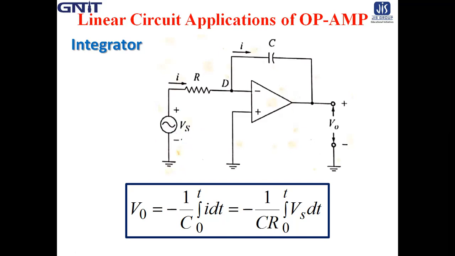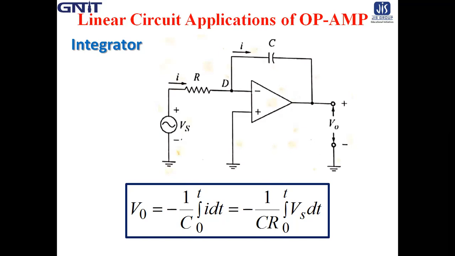So an integrator is basically a modified inverting amplifier circuit in which the output voltage wave is the integral of the input voltage waveform. Now, if the feedback resistor RF in an inverting amplifier circuit is replaced by a capacitor C, then the circuit functions as an integrator.